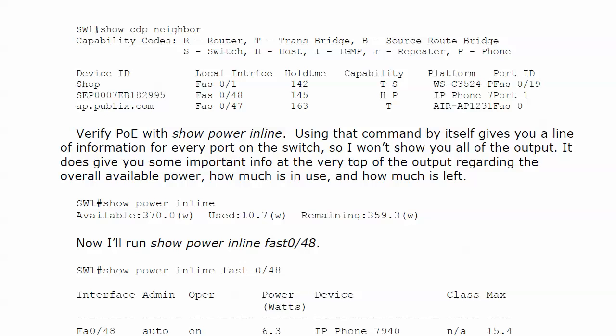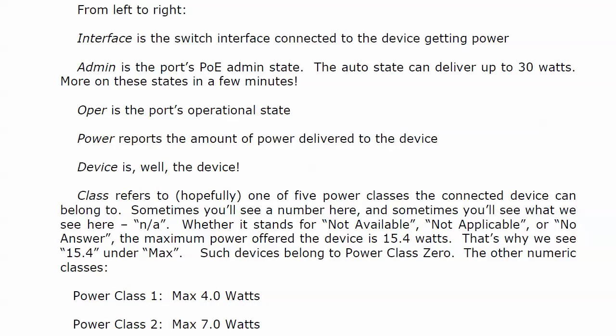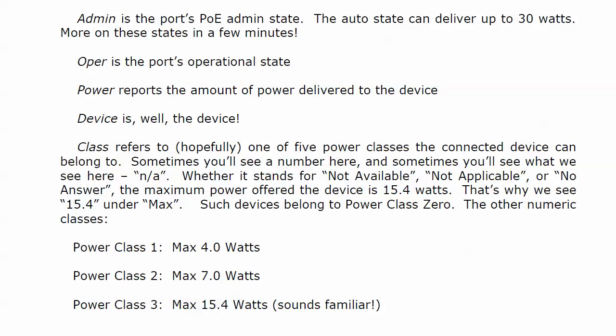So let's go back up here, and we're going to talk about those classes a little bit. Now, class refers to, hopefully, one of 5 power classes, predefined power classes, the connected device could belong to. Now, sometimes you're going to see a number there, and sometimes you're going to see what we just saw on the switch, N/A. When that happens, that device is said to belong to power class 0.